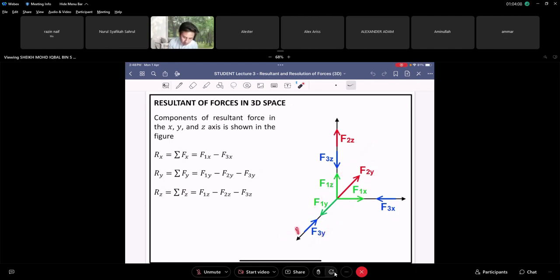So positive F2y minus F1y, and then positive F2y. Okay, that's how I put it. But here I think I've made this part here as the positive section, and this part here as the negative section. All right. But actually, the signage is up to you, but you have to be very consistent when you're using it, right?